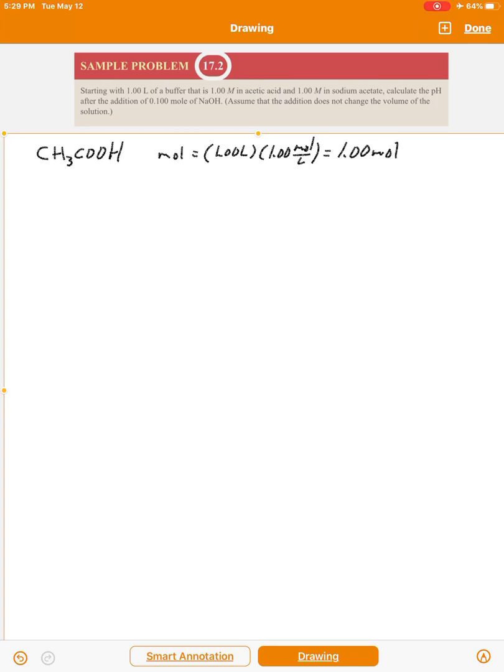This problem makes all the numbers nice and easy. We also have sodium acetate, right? So sodium acetate, CH3COONa. The acetate is this part right here. That's the conjugate base. The number of moles of that, again, 1 liter times 1 mole per liter. So 1 mole, again 1 mole. They're making things nice and easy.